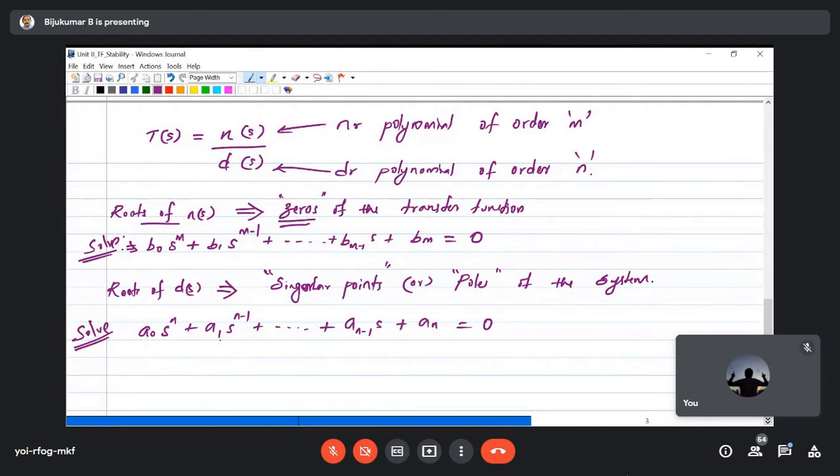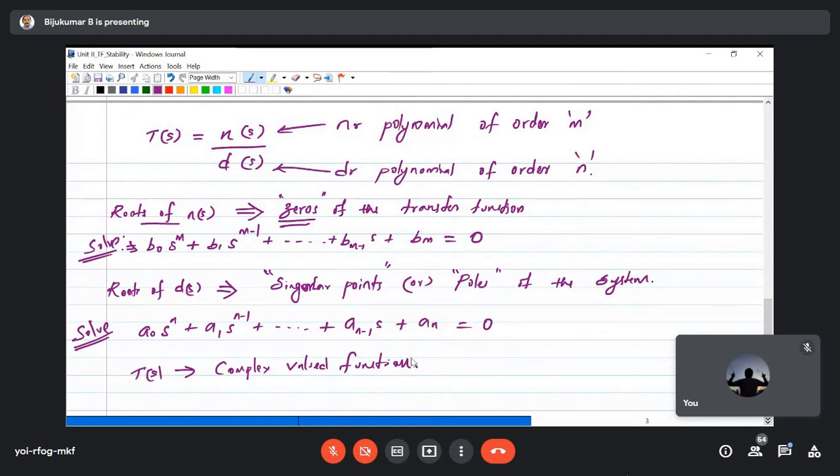Another way we can put it: we are in the S domain, right? S has a real part and an imaginary part, so T of s is a complex valued function, right? So what do you mean by poles?